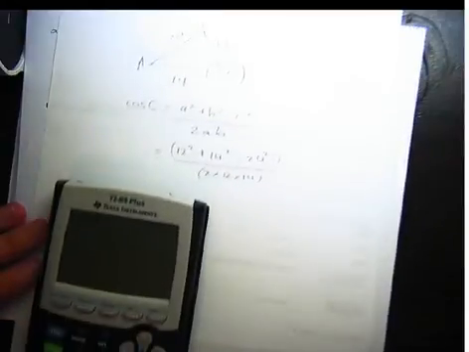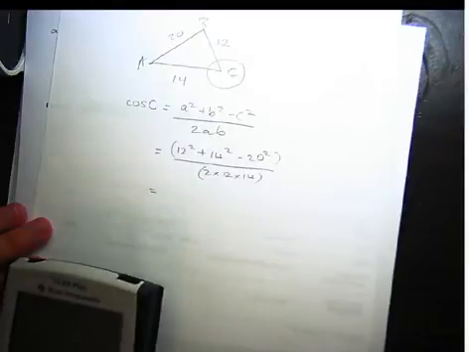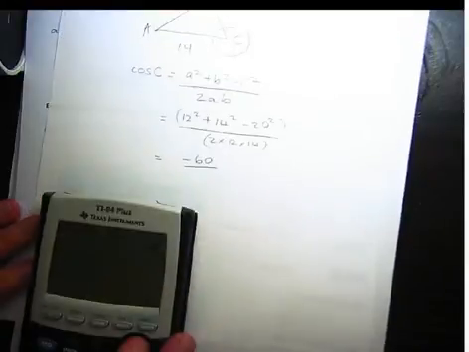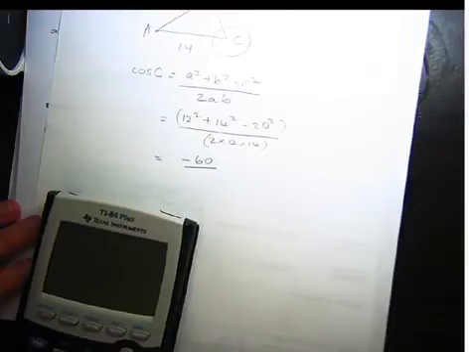I'm going to do the top line, 12 squared plus 14 squared, take 20 squared, which gives me negative 60. And that's fine because sometimes your angle will be bigger than 90, which is why it's negative. We don't do that until year 12, so don't stress too much about that.